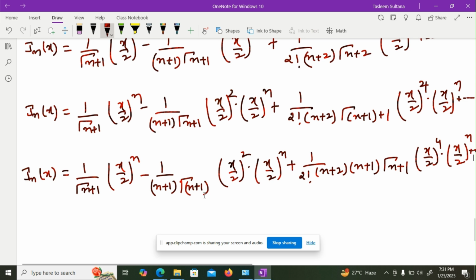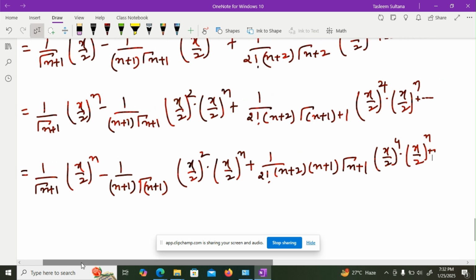Now from this throughout completely, what we can do is take common 1 by gamma of n plus 1 x by 2 to the power of n.